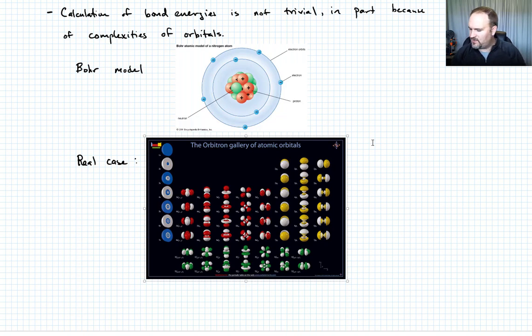In the real case, what you see is that you don't have spherical orbitals. You have very complex orbital shapes, and they change even depending on which level of shell you're in. So one atom may have a combination of all kinds of different orbital shapes that give the definition of the potential energy a lot of complexity and directionality.